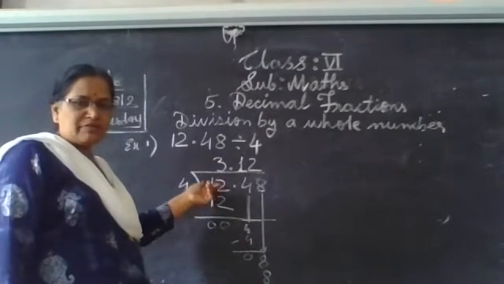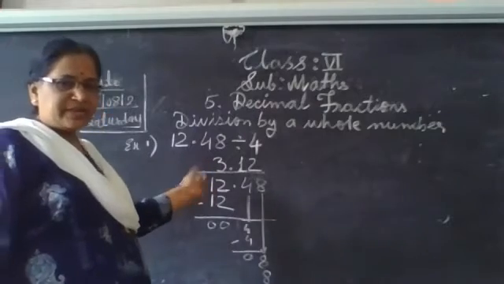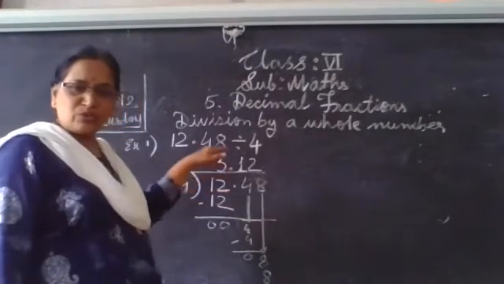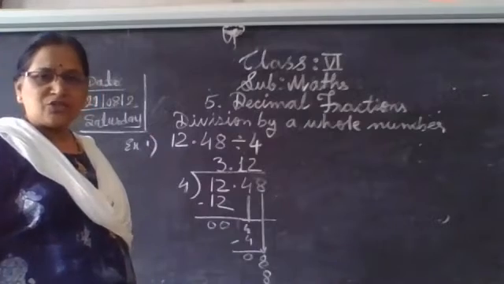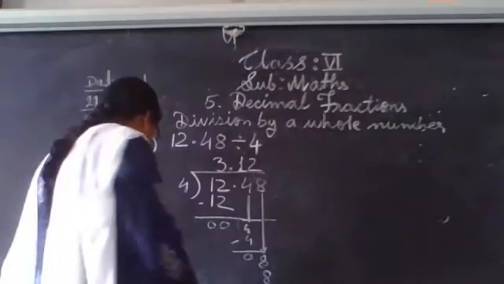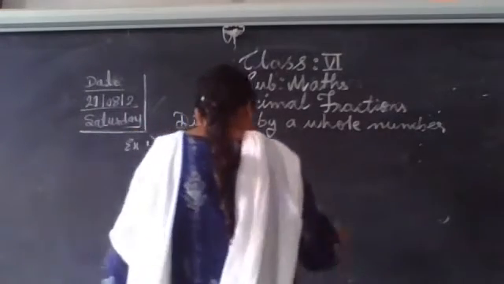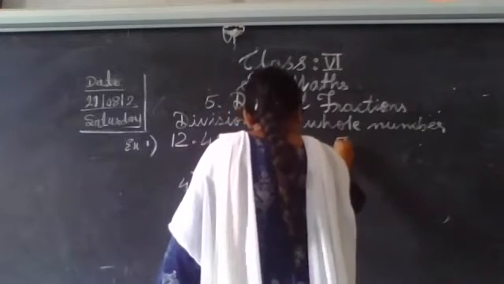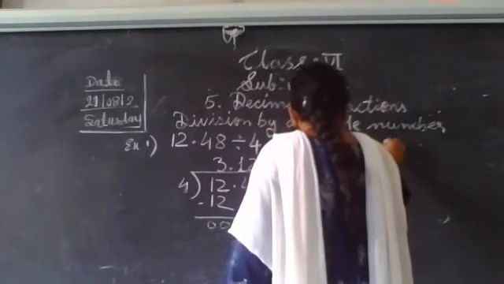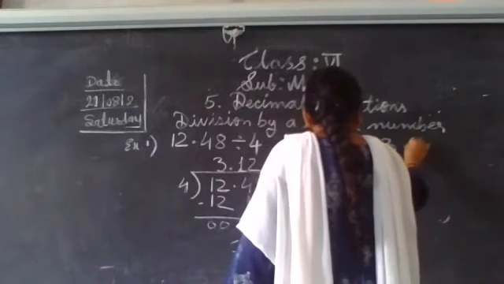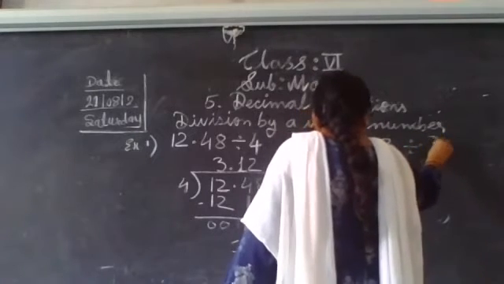So first you have to divide the whole number, and after the whole number, put the decimal point in the quotient and then continue the division. Got it, children? So let's see one more example. 55.3 divided by 35.